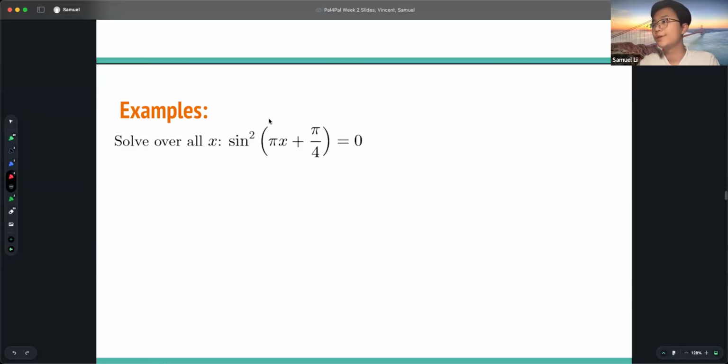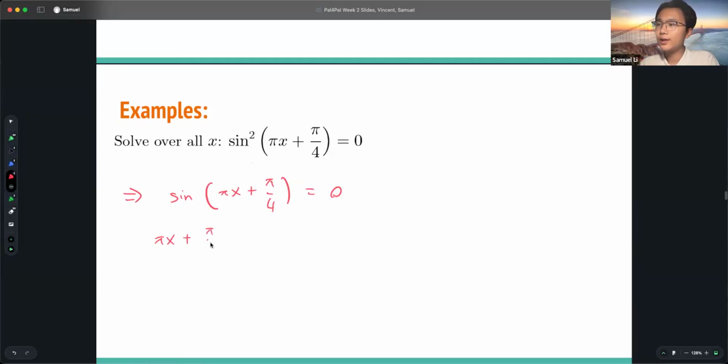Okay, so assuming you have had enough time to think about this, the idea behind this question is really just that the square root of 0 is 0. You just convert this equation to something like this, and let's see when sine could be equal to 0.